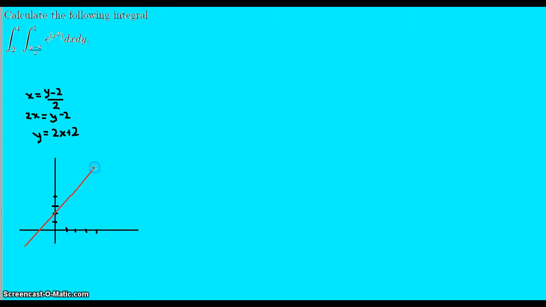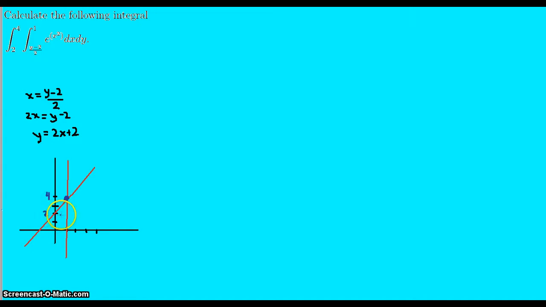And the line x equals 1 looks like that. They are intersecting here at the point (1, 4). The y's go from 2 to 4.